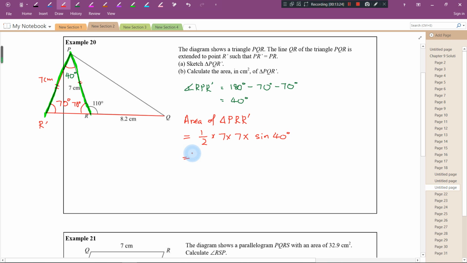Okay, this one you just press your calculator. 1/2, go. Okay, 15.75.